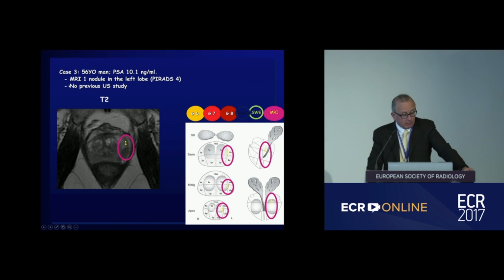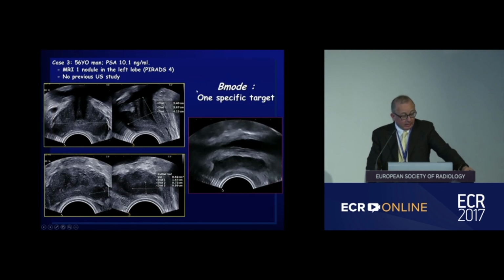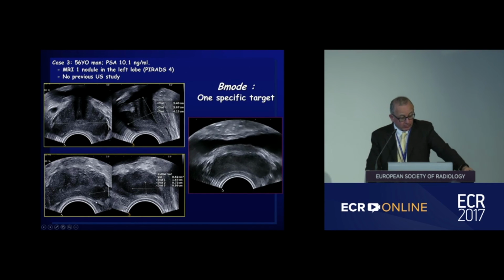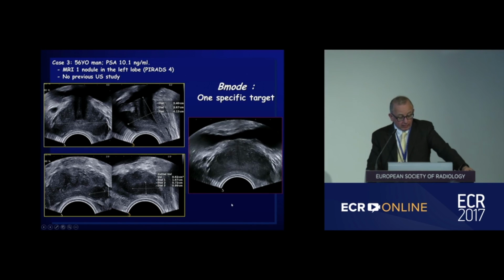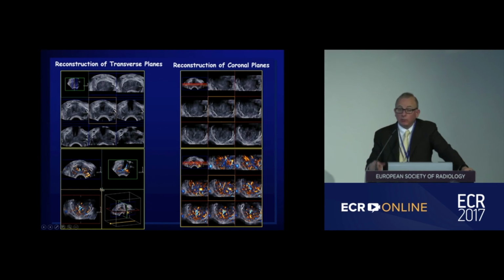The last case is a patient with a PSA of 10, and one suspicious area, but poorly suspicious, classified PI-RADS 4. B mode also, in this case, showed the lesion. Again, one specific target. And then we can also do 3D acquisitions, with a multiplanar reconstruction in both transverse and coronal plane with the Explorer.